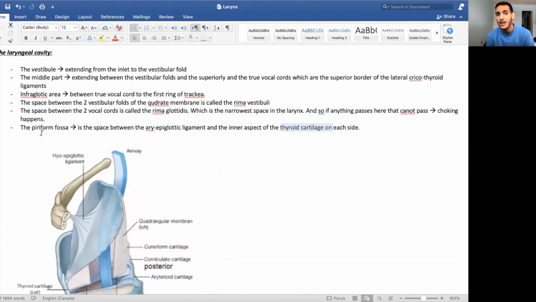Okay, and you start coughing to get it out of your windpipe because things get into that piriform fossa, and when things get in there, the coughing process happens.